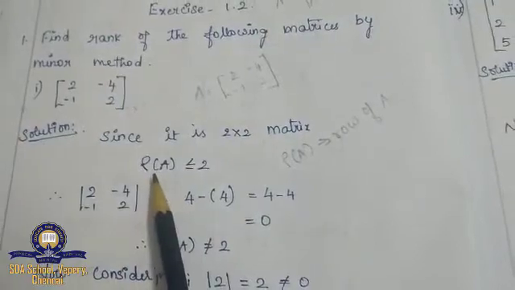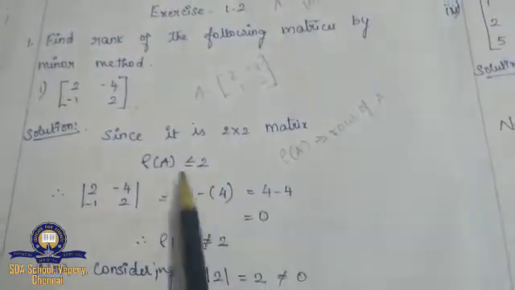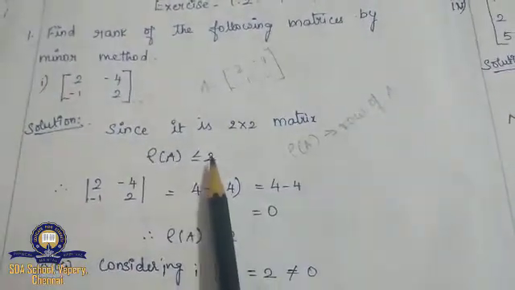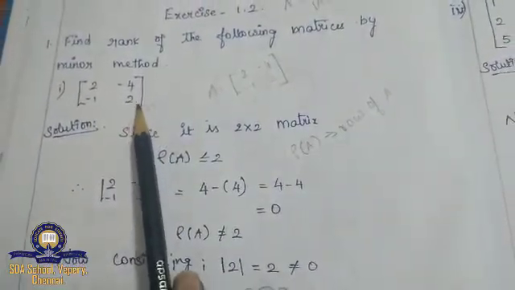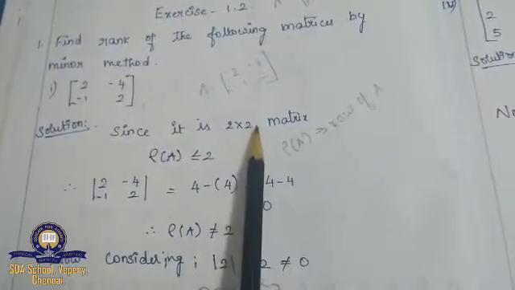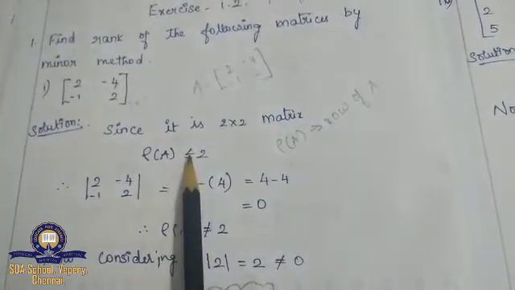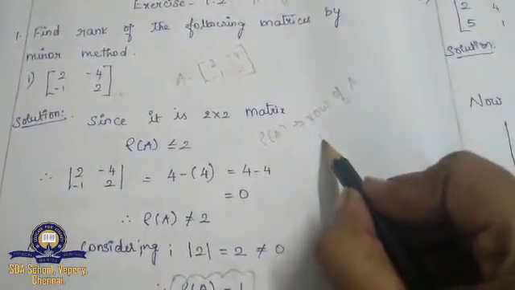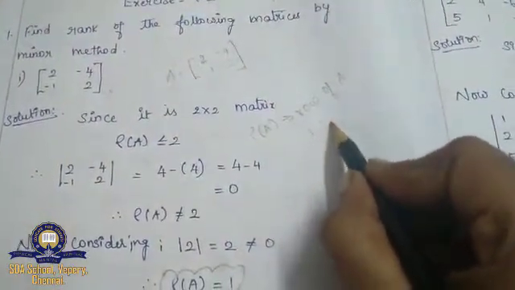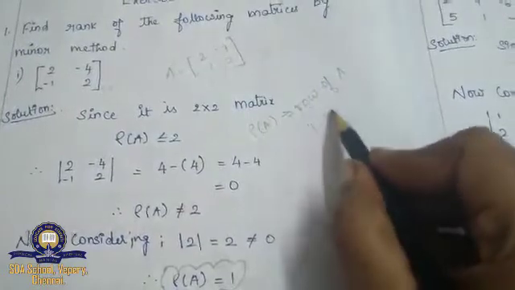Row of A will be less than or equal to 2. Always, if the given matrix is 2 cross 2, your rank will be less than or equal to 2. Less than or equal to 2 means either it can be 1 or it can be 2. That only we are going to find out.